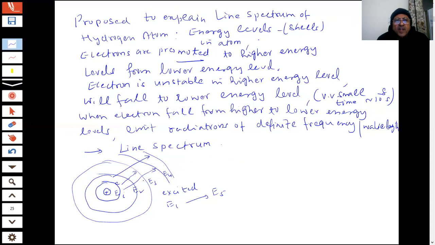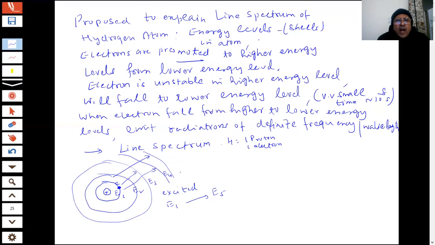And this is energy absorbed. This electron in the case of hydrogen is in the ground state. What is hydrogen? One proton and one electron.